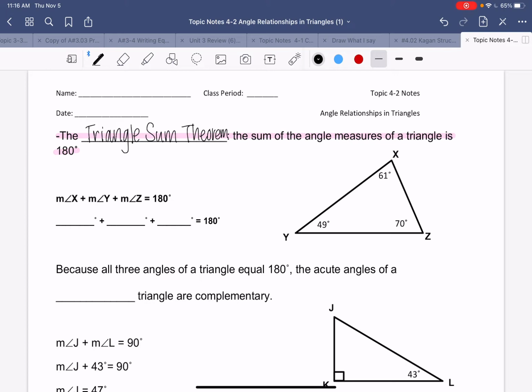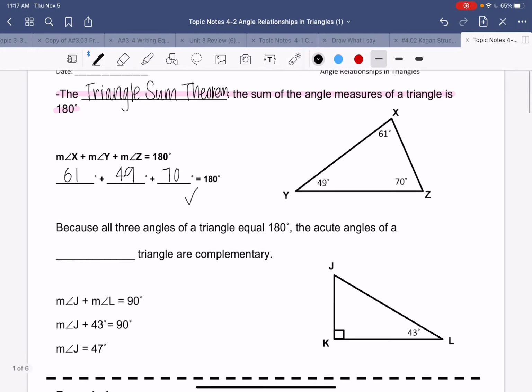Like this first example, it says that angle X plus angle Y plus angle Z equals 180. Angle X is 61 degrees, angle Y is 49, and angle Z is 70 degrees. If you physically add those all up together, you do get 180.